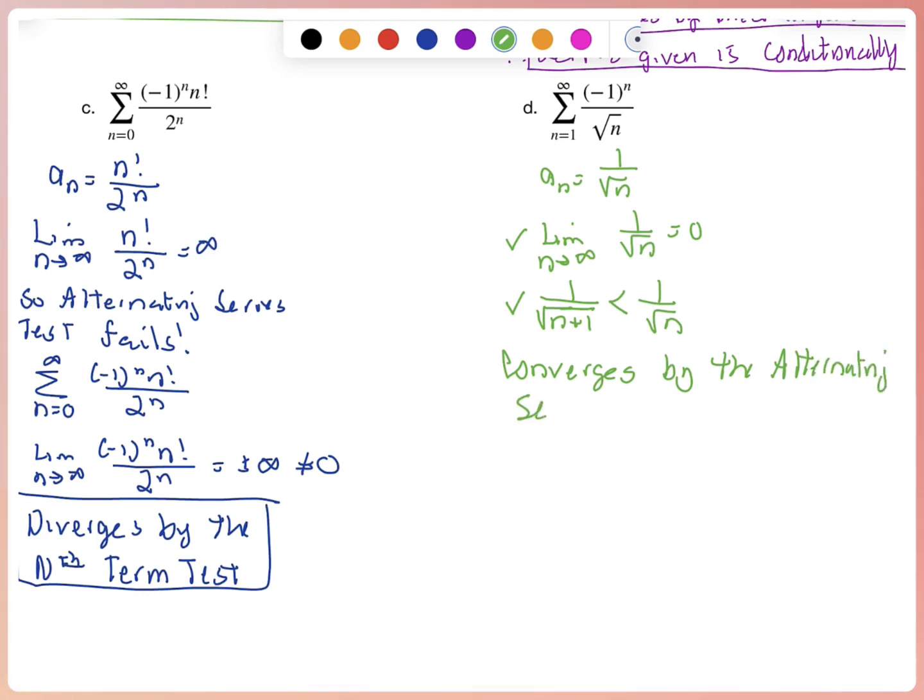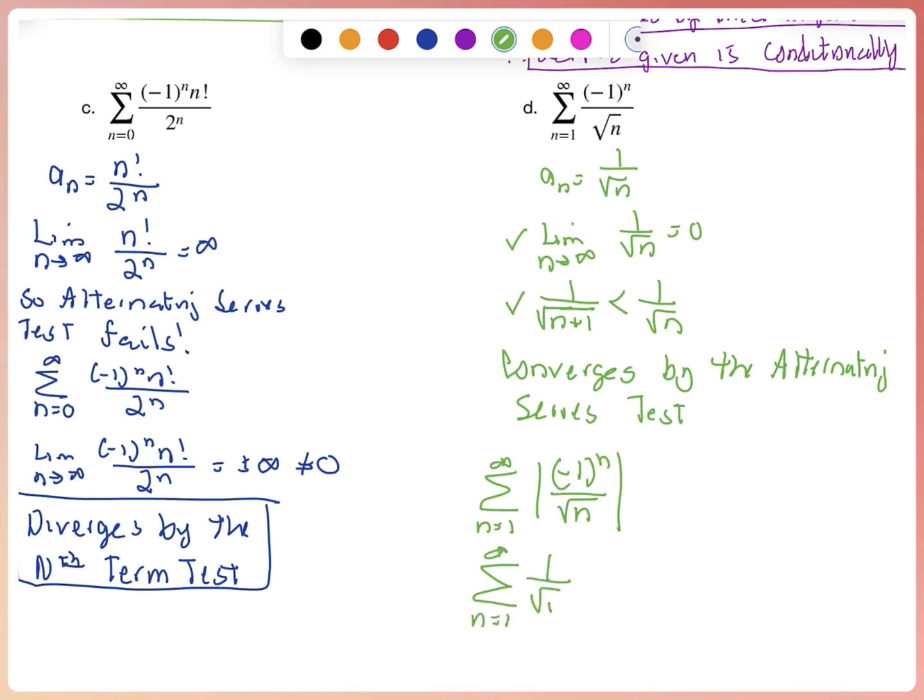So let's determine if we have an absolutely convergent or conditionally convergent series. And so we need to find the summation of n equals 1 to infinity of the absolute value of negative 1 to the n over the square root of n. Well, that just simplifies down to the summation of n equals 1 to infinity of 1 over the square root of n.